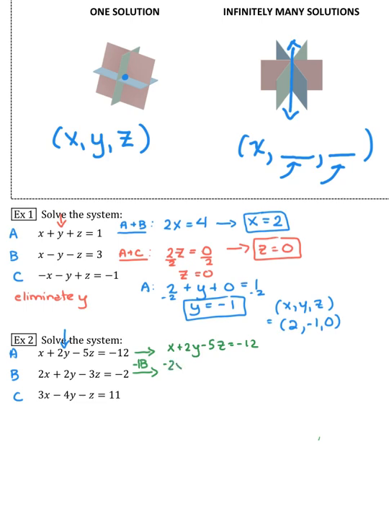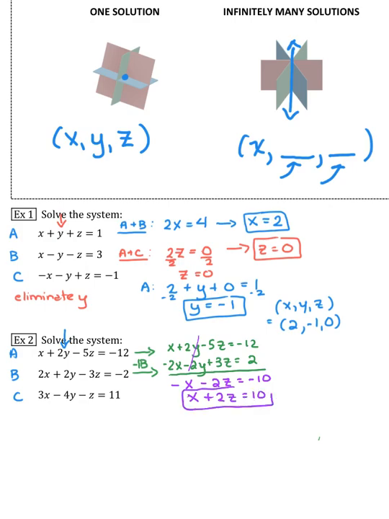B is going to become negative 2x minus 2y plus 3z equals a positive 2. Then when I add those together, I have a negative x, my y's canceled, I have a negative 2z equals a negative 10. If you don't like all those negatives, it's totally okay. You can multiply everything by negative 1 as well, as long as you do it to everything.